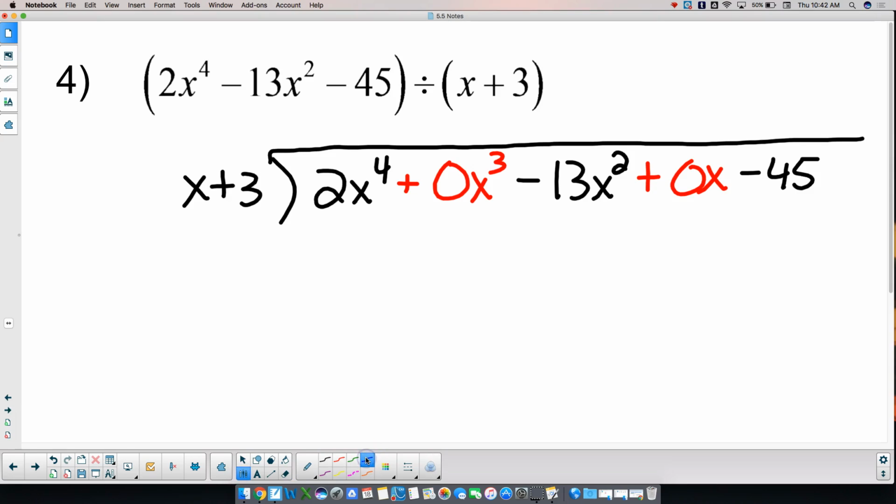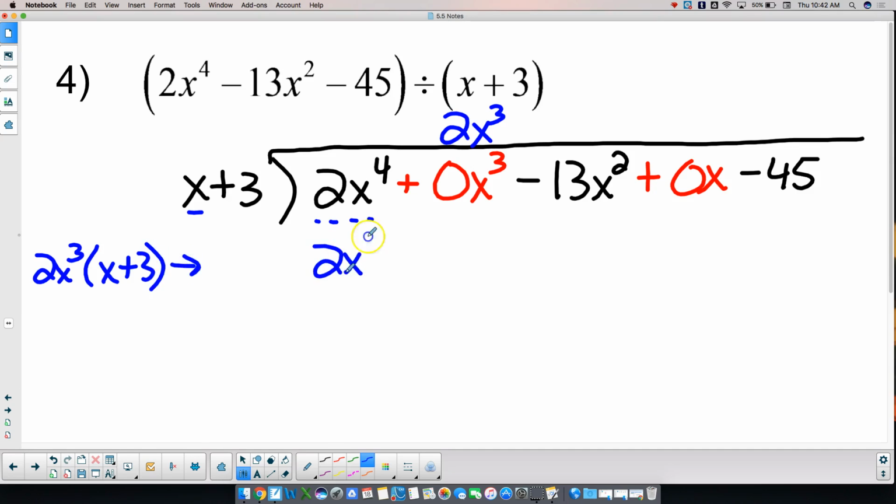First, x becomes 2x to the 4th using 2x cubed. Yes? So 2x cubed gets me there. So this becomes 2x to the 4th plus now 6x cubed. Right?